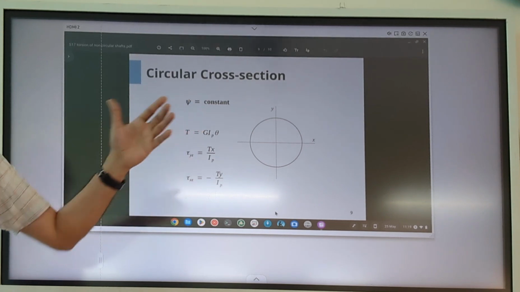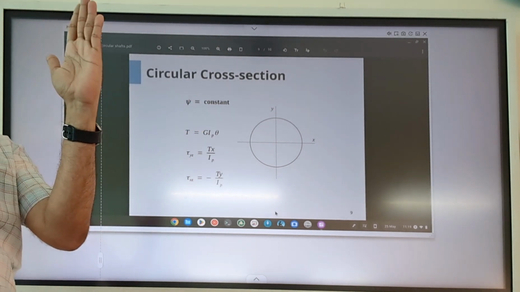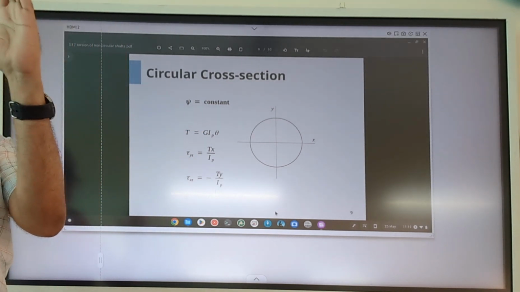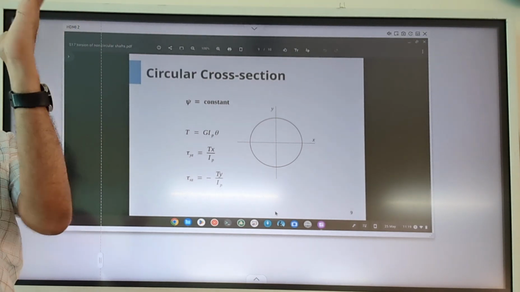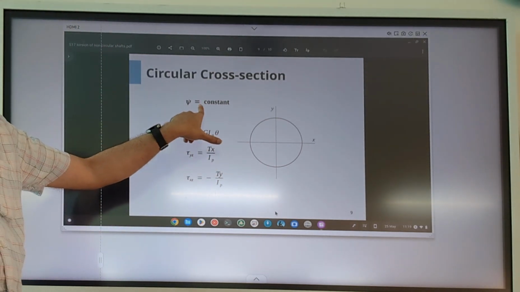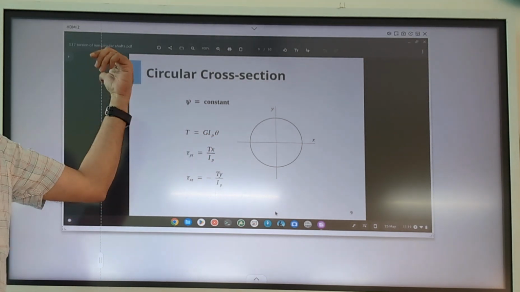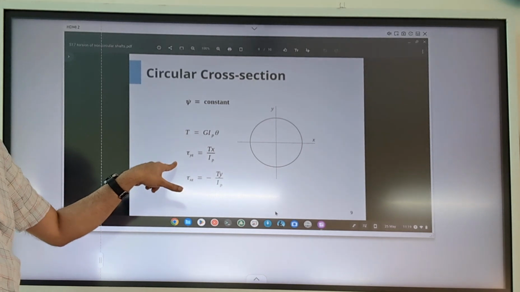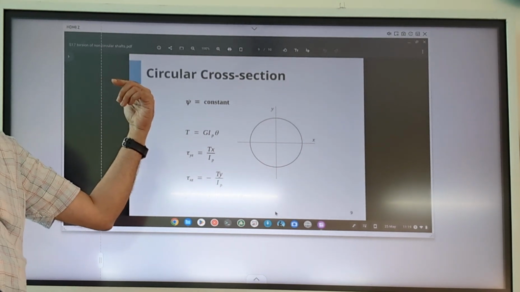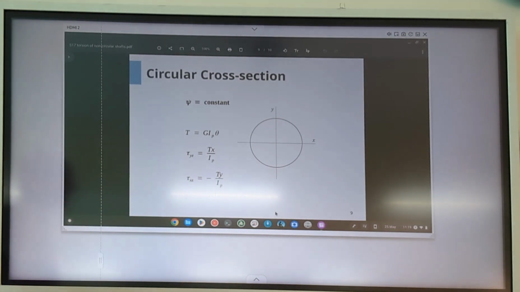Its being constant means every point will move by a constant amount, so the cross section remains flat and there is no warping. When psi is constant and you substitute in the previous equation, you get the same equations as the formula you learned in the third semester.